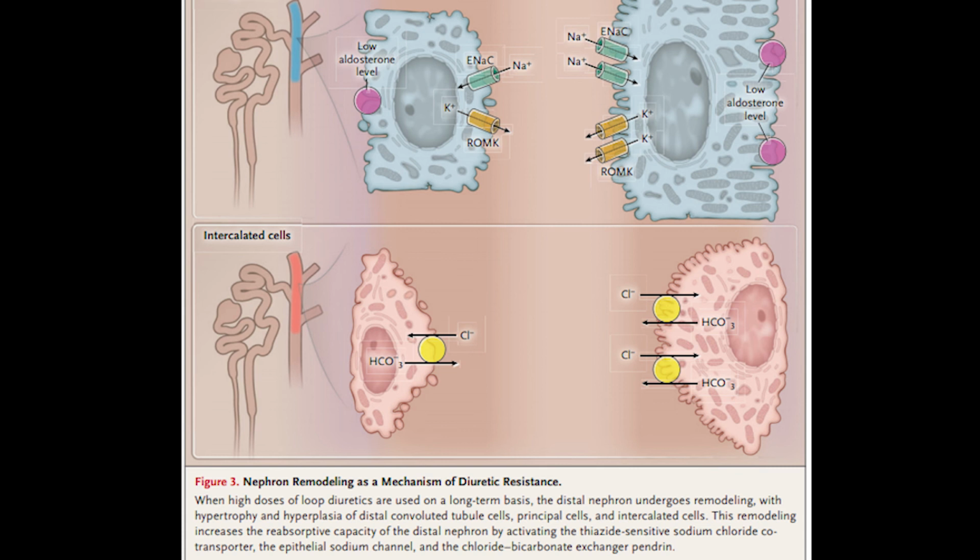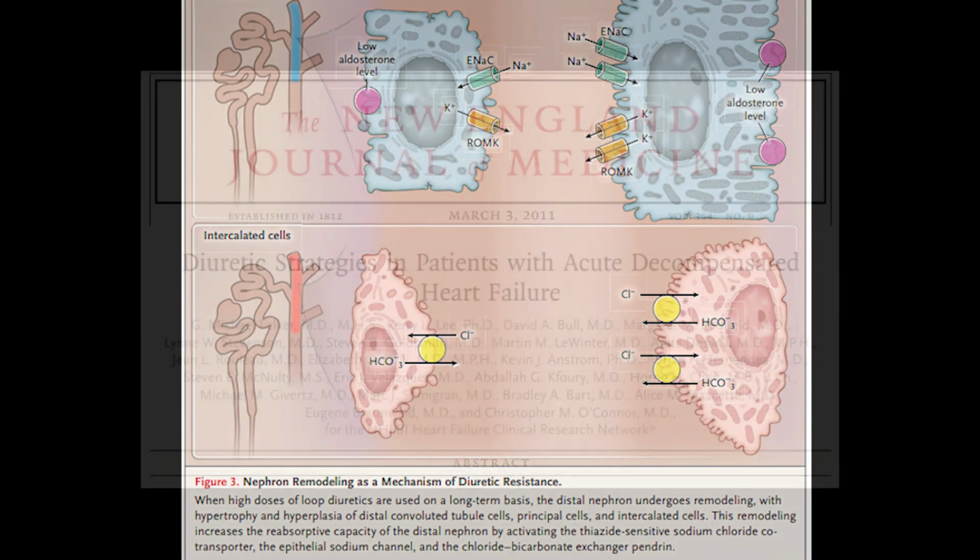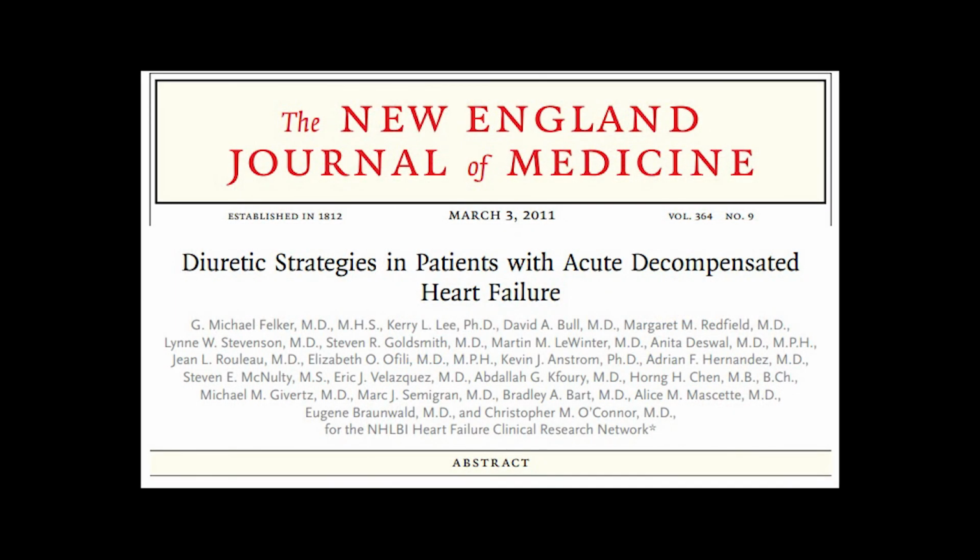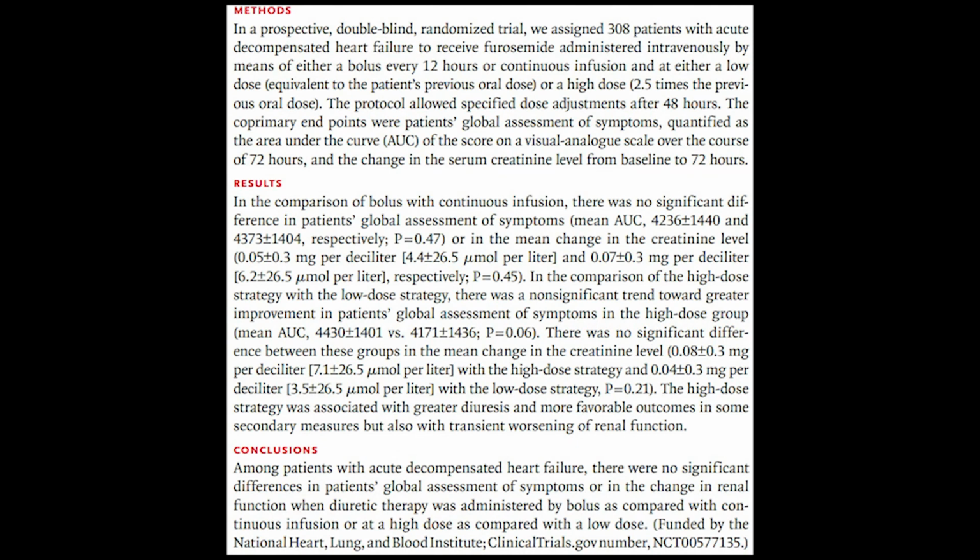So before I finish, I want to briefly go over the study looking at diuretic strategies in patients with acute decompensated heart failure. It was published in 2011, and it was a double-blind randomized trial looking at 308 patients with acute decompensated heart failure. They randomized them to receive IV Lasix, either BID as a bolus or as a continuous infusion, and then either a low dose or a high dose, and they wanted to see if there was any difference based on symptoms over the course of 72 hours, as well as a change in creatinine.